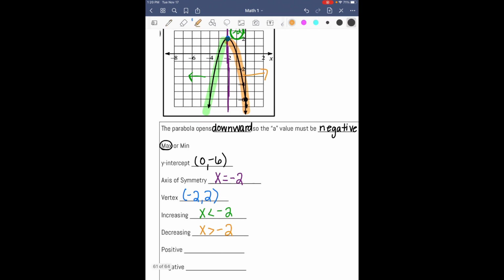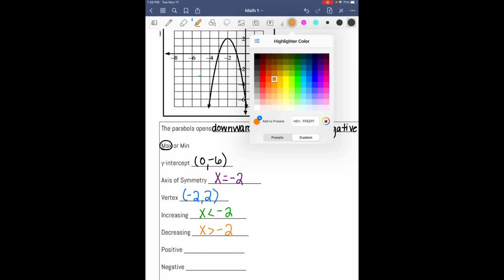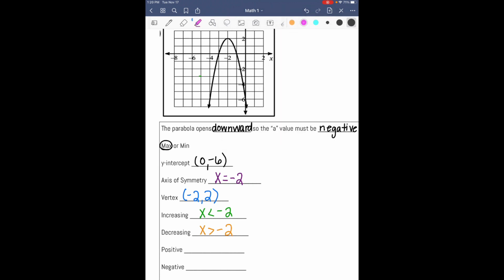And now we need to do positive and negative. So I'm going to do some erasing here so we can see everything that I'm looking at. All right, so for positive, remember positive means that it is above the x-axis. So for my positive values, I'm going to be looking at from -3 to -1. So from -3 to -1, my x values are positive because it's above the x-axis.